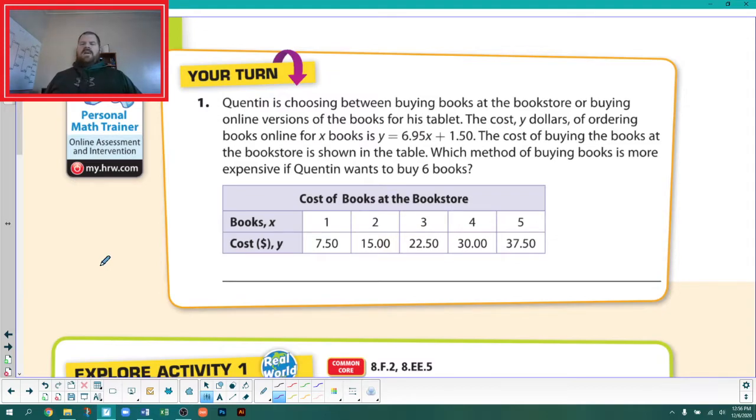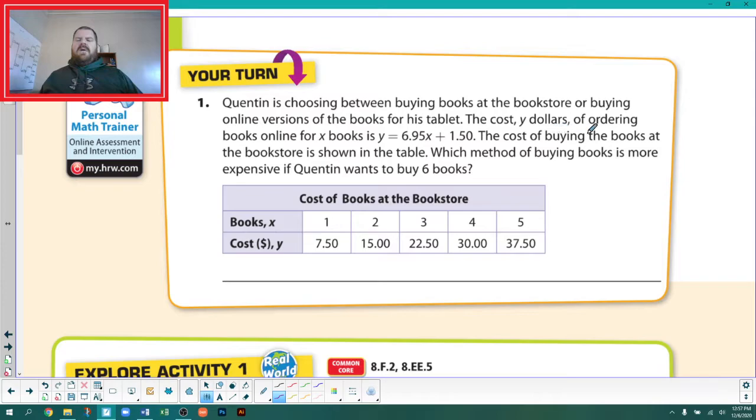The cost Y dollars of ordering books online for X books is given by the equation y equals 6.95x plus 1.5. So to put that in perspective, it's probably $1.50 for using the online service, and then $6.95 per book, so to speak.